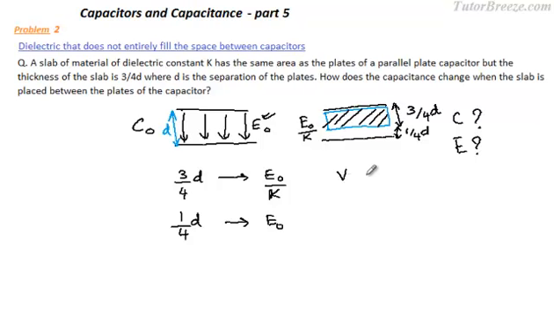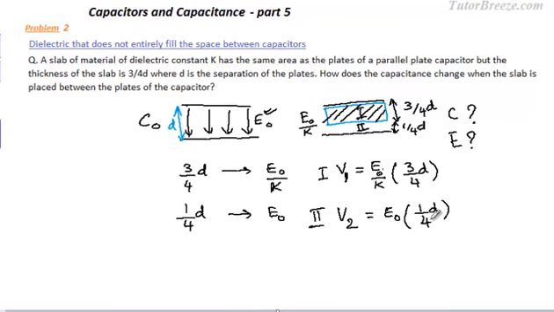You know that the potential difference V is given by E times D. So in region 1, and I'll call this region 2, the potential difference will be given as, let's call this V1, E naught over K, which is the electric field, and the thickness or the distance in which this field exists is 3/4 D. Similarly, we can write V2, which is in region 2, as E naught times 1/4 D, because this is the region in which this electric field E naught exists.